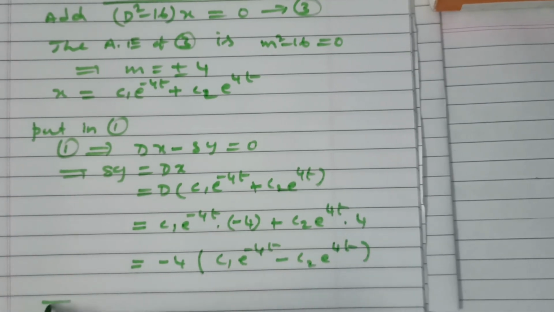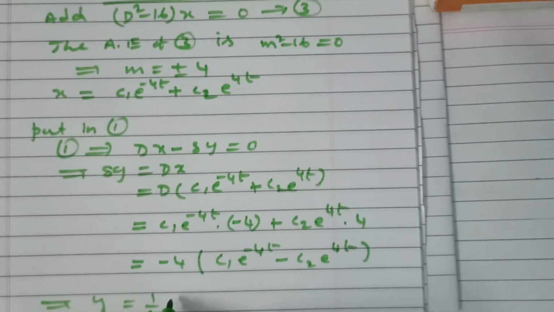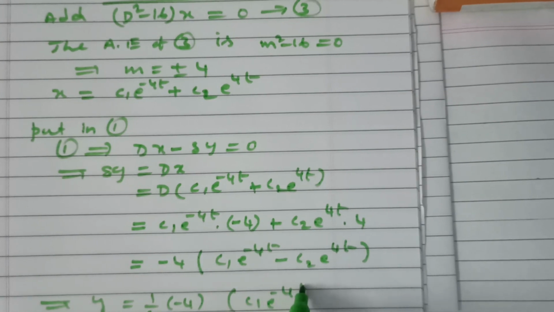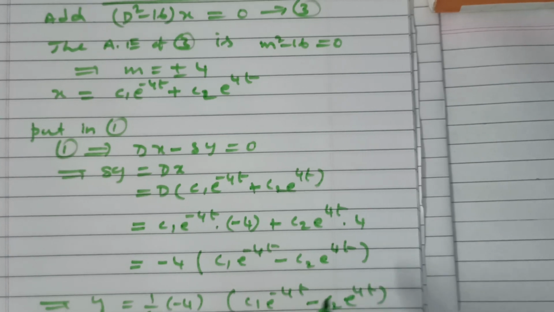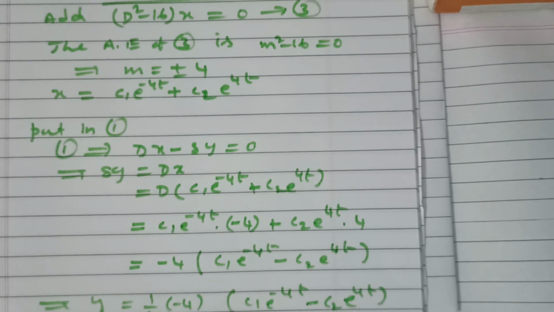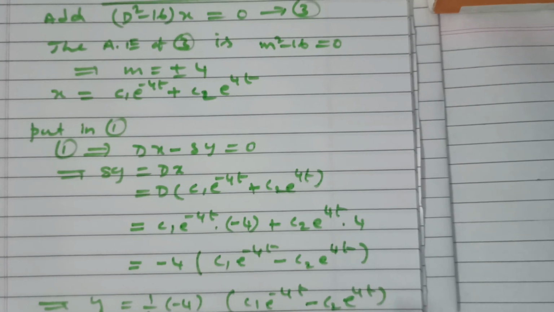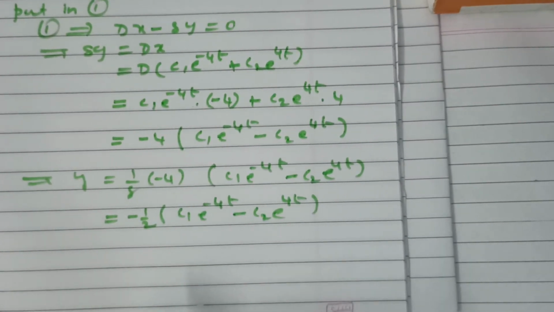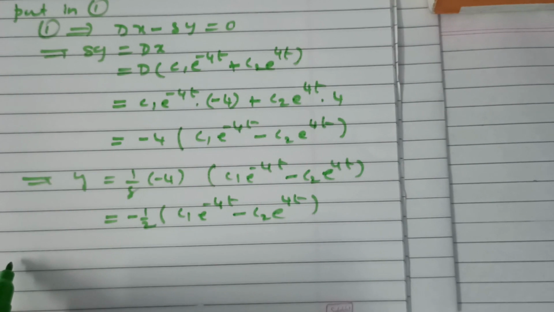Implies y is equal to 1 by 8 into minus 4 into c1 e power minus 4t minus c2 e power 4t, is equal to minus 1 by 2 into c1 e power minus 4t minus c2 e power 4t. Required solution.